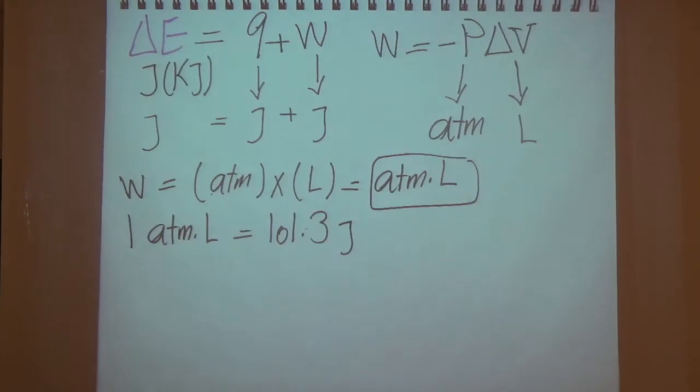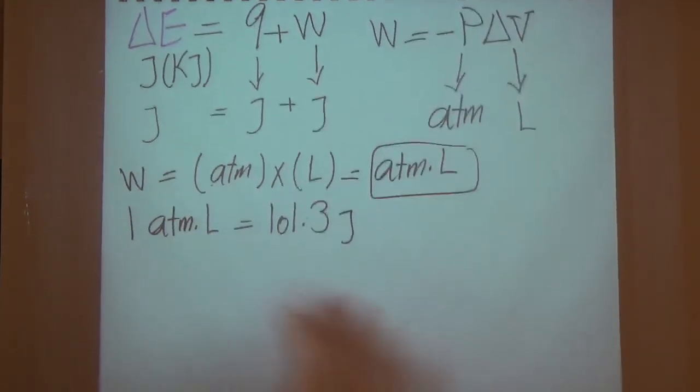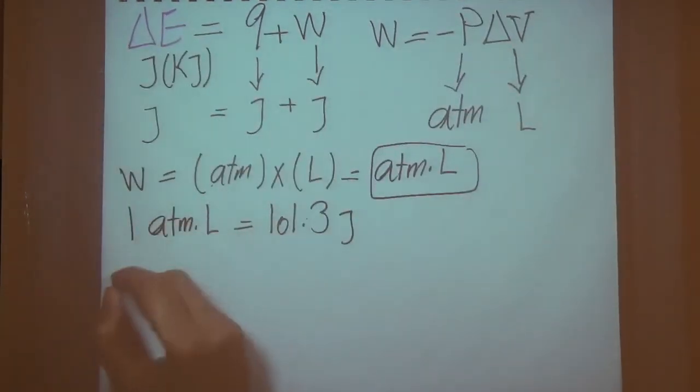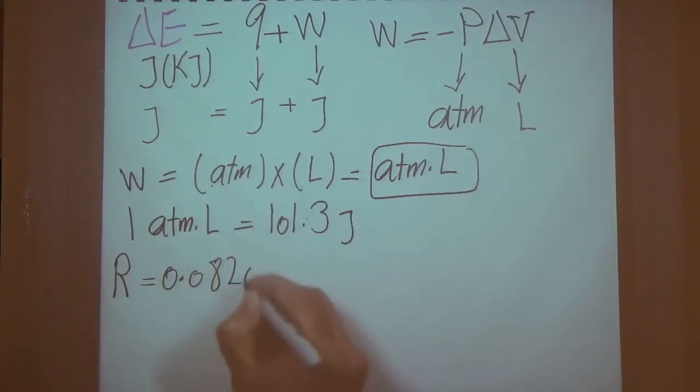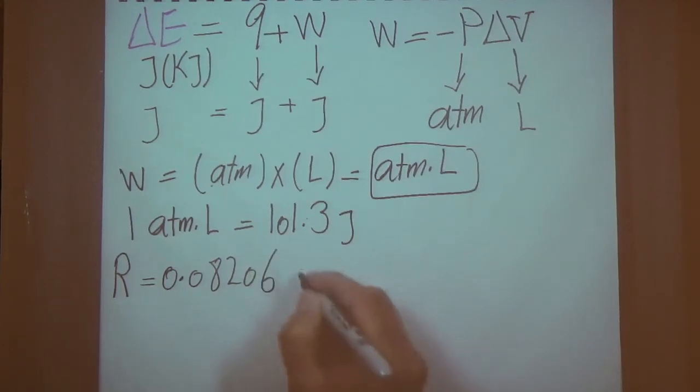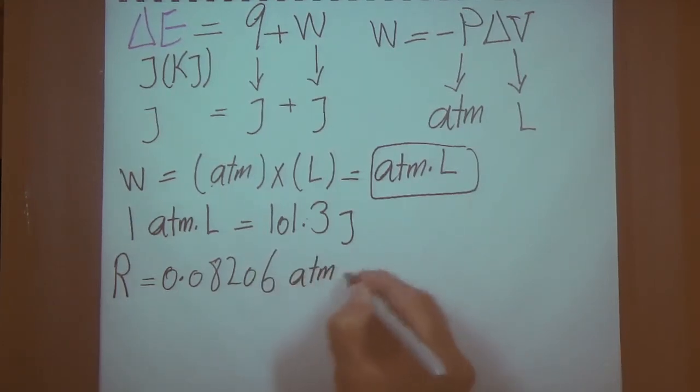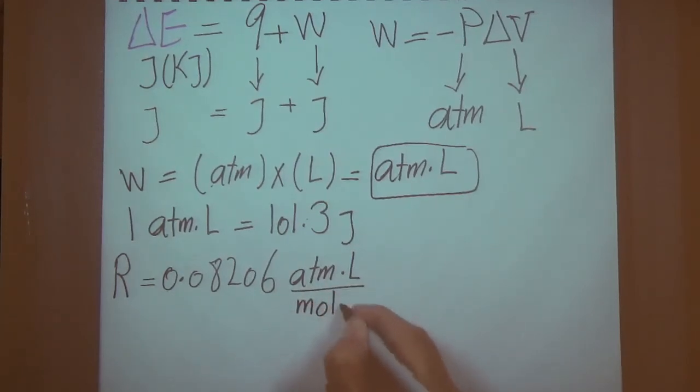So wherever you get the work, just use this conversion factor and transfer it to energy, like joule. Example: we have R equal to 0.8206 atmosphere liter over mole Kelvin.